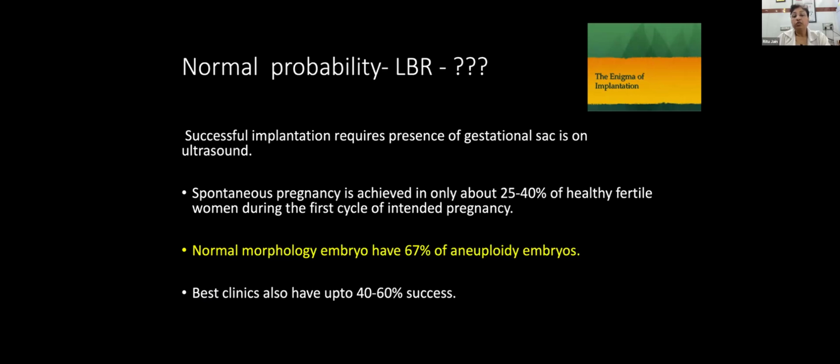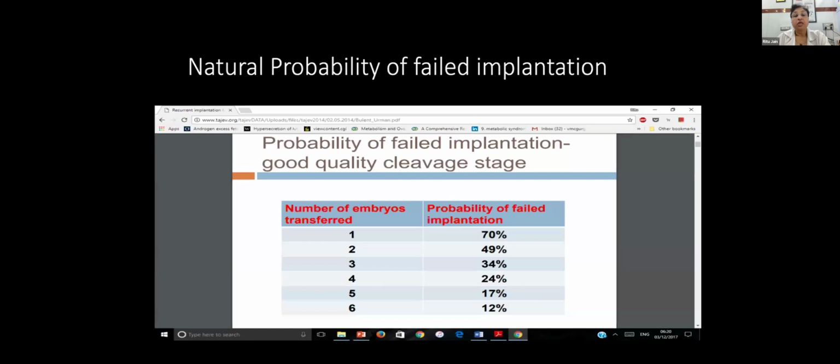In a normal couple, it is 25 to 40%. But all those embryos which look morphologically normal also have 67% chances of being aneuploid. And the best clinics have 40 to 60% success. We should know the probability of failed implantation with a good cleavage stage embryo when we counsel these patients.